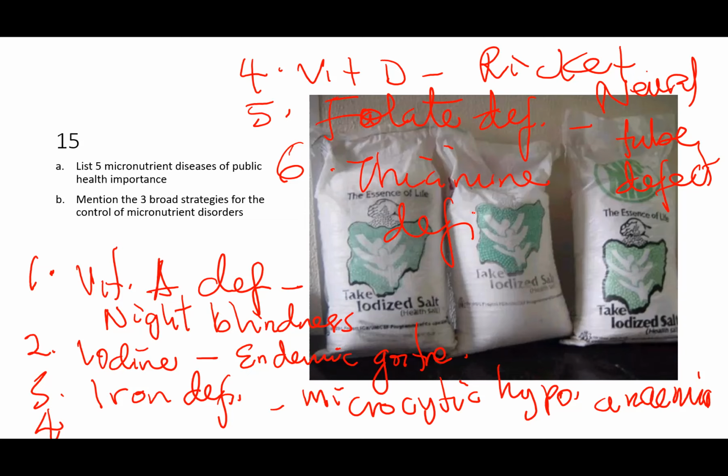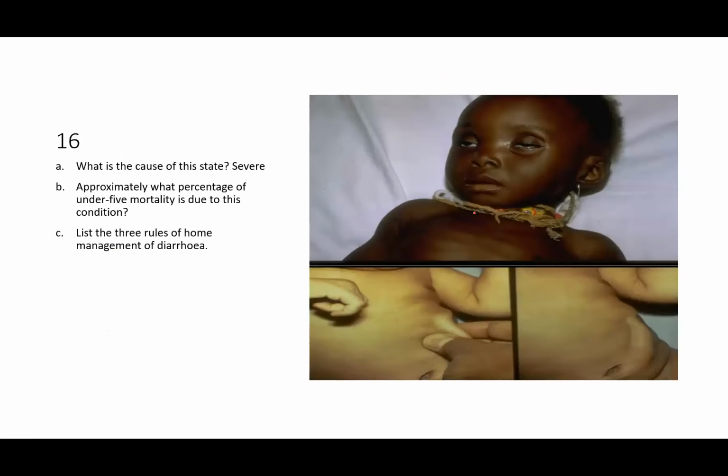So you have food supplementation, food fortification, and dietary diversification. Those are 3 broad strategies for control of micronutrient deficiency. Okay.